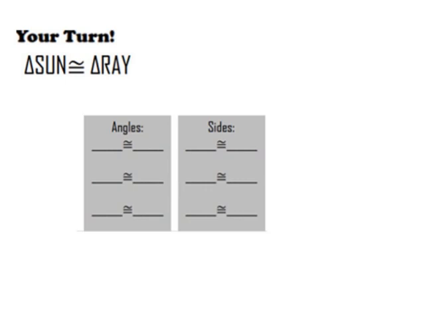Okay, so triangle SUN is congruent to triangle RAY, sun ray. So SUN is congruent, right? This is the congruency symbol, which means equal or the same to RAY. Okay, so let's do this again. S goes with R. U goes with A. I'm going a little bit quicker because you should have already done this.